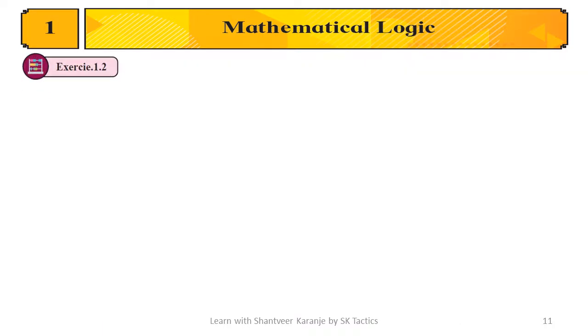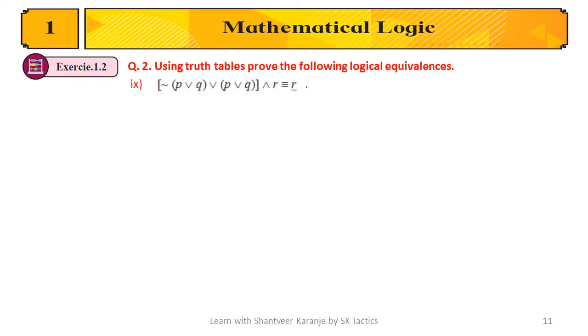The next question is question number 9, where RHS is single R and LHS is negation of P or Q or P or Q and R, along with the parenthesis and square bracket.